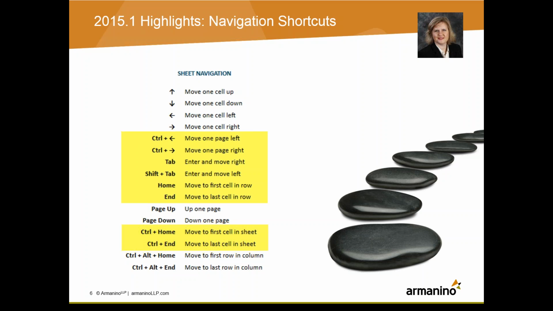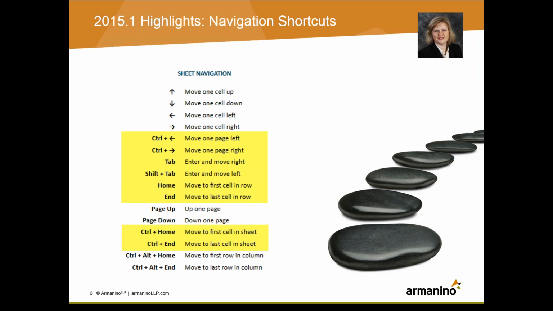So just doing a quick review of the first update, one of the things that came out were a lot more navigation shortcuts. I went ahead and highlighted the ones I thought were most helpful, the ones I've personally been using quite a bit. What I find is with these sheet navigation shortcuts, if you want to go and jump to a cell, in general you need to hold down the control key.